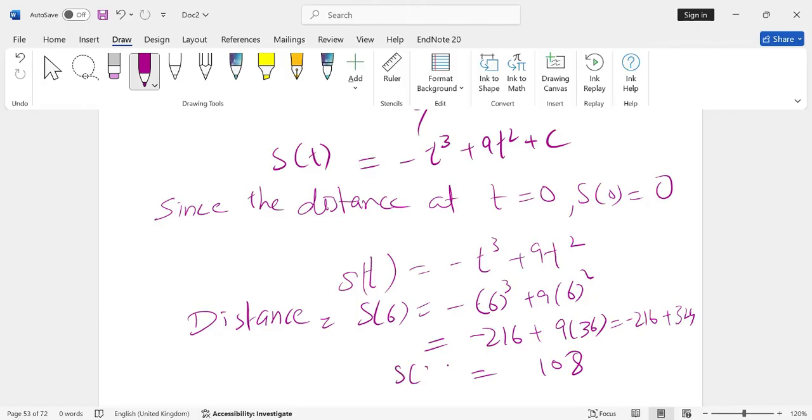This is s of 6. So the distance between town P and town T is 108 kilometers. This is the required answer for this question.